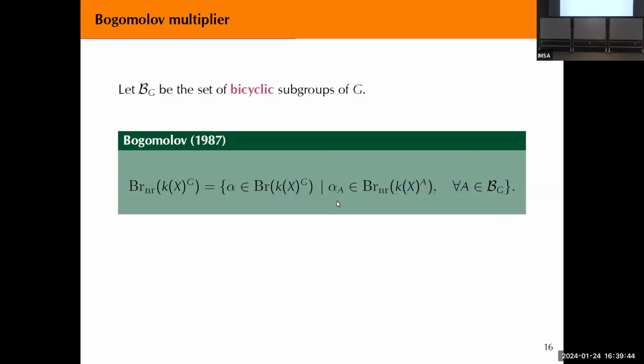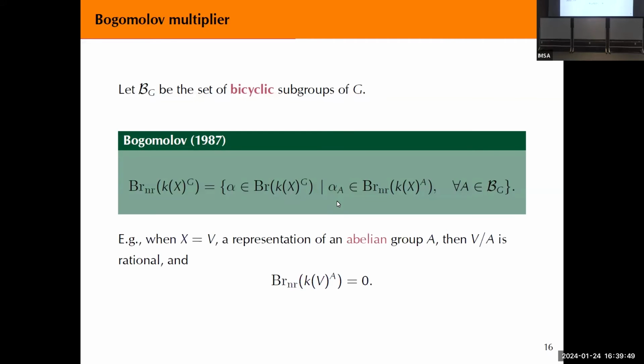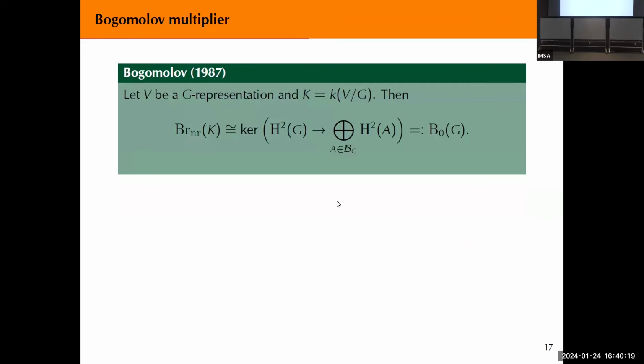So this is a very general characterization of the Brauer group of the fields of invariants. In particular, if you look at representations of G, if you look at an abelian group A and the representation, then over an algebraically closed field, as I said, V mod A is rational. And for a rational variety, the unramified Brauer group is trivial. So if you want to compute the unramified Brauer group of a representation modulo G, then, and that's the general theorem of Bogomolov, it's very simple.